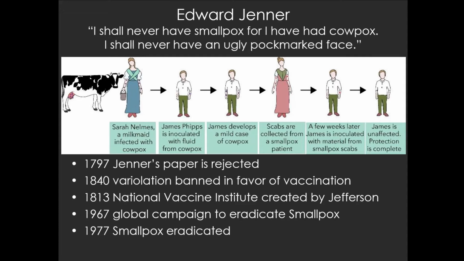That campaign began in 1967 with the same idea that Edward Jenner published in the late 1700s. People were inoculated with cowpox in order to protect them from smallpox, and there has not been a natural case of smallpox anywhere in the world since 1977.